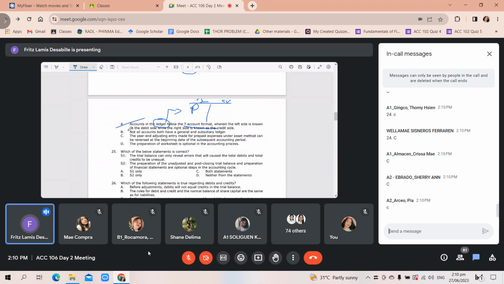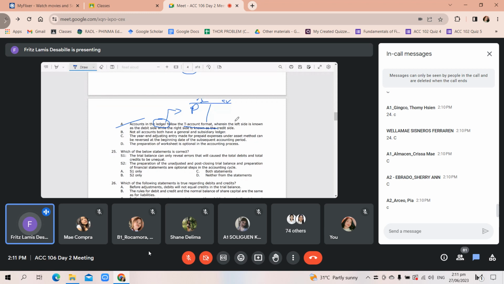Letter B, not all accounts both have a general and subsidiary ledger. Correct. Which accounts do not have a subsidiary ledger? Usually cash, no?